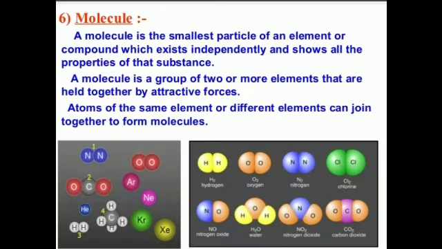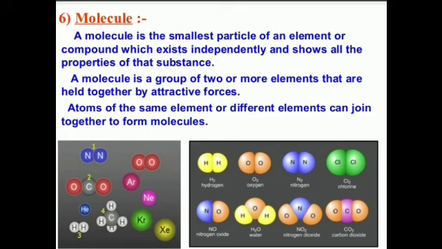Now, see, molecule. What is a molecule? A molecule is an aggregate of two or more atoms of the same or different elements in a definite arrangement. Clear? A molecule of a substance shows all chemical properties of that particular substance. To describe the chemical composition of a molecule, we will take the help of symbols of elements and formulas.